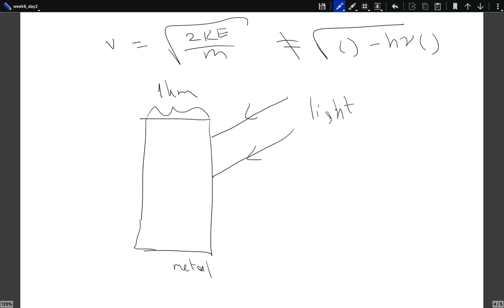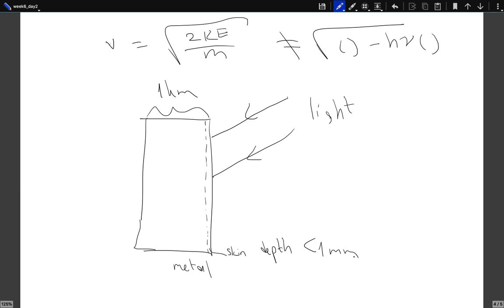How far can that light go in? Less than 1 millimeter. The skin depth. So all the electrons over here are unaware that there is light falling onto the metal. So you cannot liberate them.